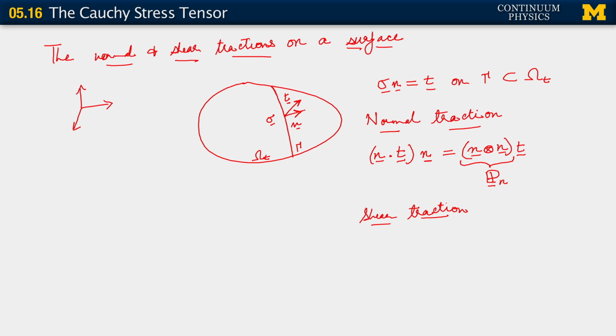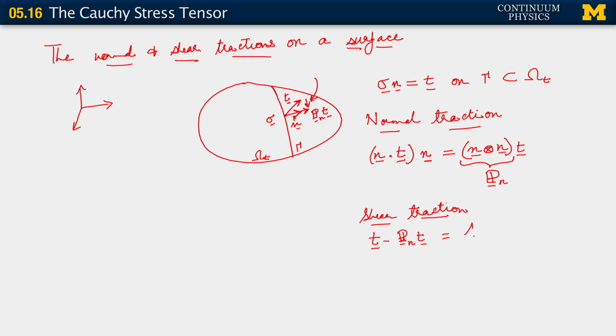The second vector is essentially Pn acting on T, that's the normal component. So the shear traction essentially is this component then. That is the shear traction, so that is T minus Pn acting on T.